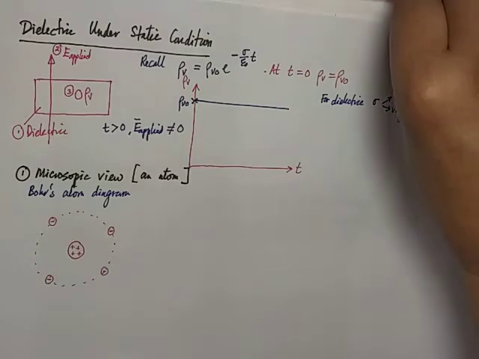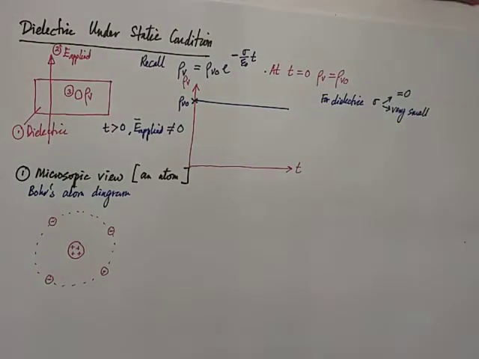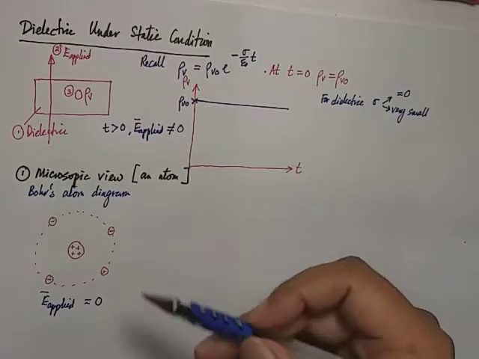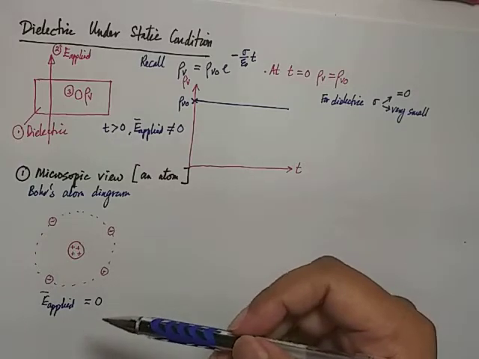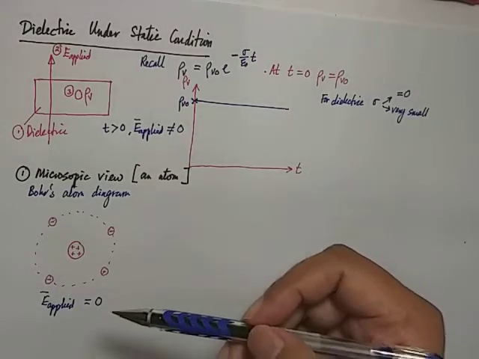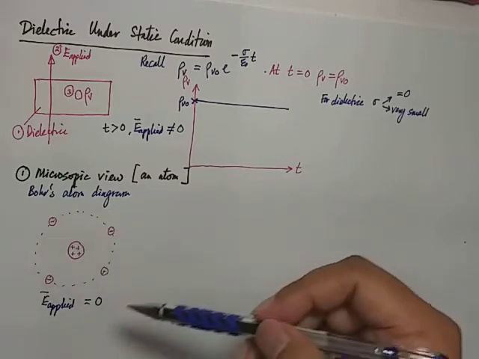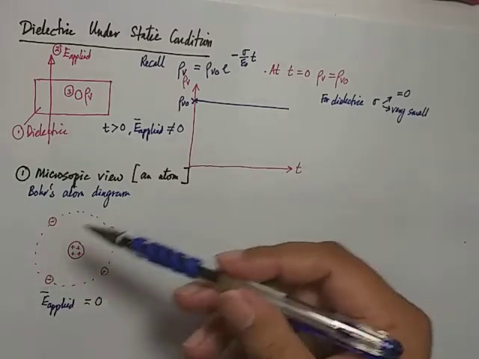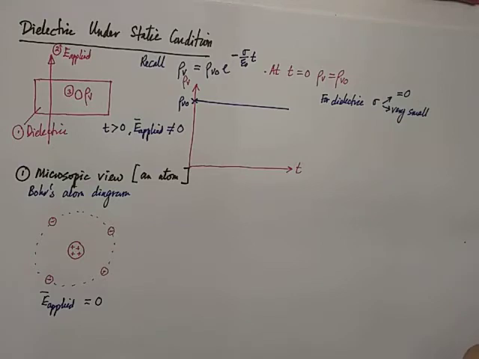That should be the condition of the atom when we state here E applied is equal to 0, meaning that this is the condition of an atom that is not exposed to any applied electric field. That should be the normal model of an atom mentioned by Bohr.